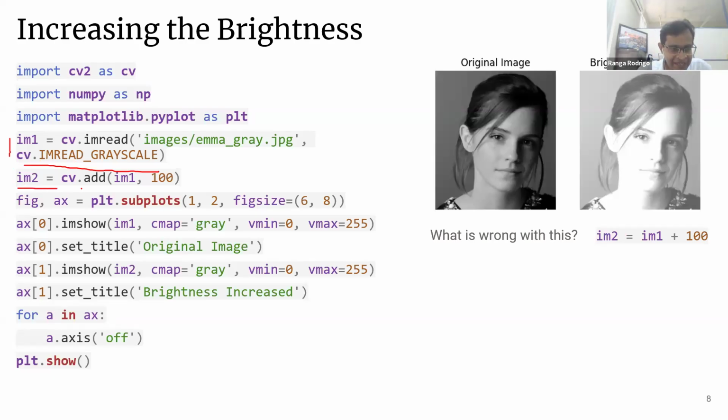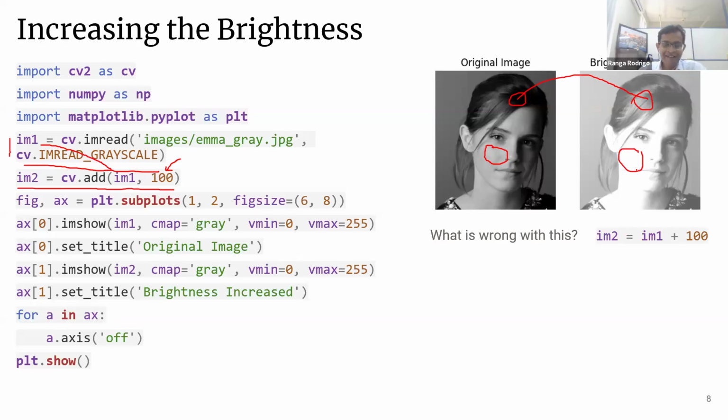Then I used this cv.add function, and as a first parameter I gave im1, as a second parameter I gave 100. So it took each pixel, all the pixels, and added 100. You can see the brightness has increased throughout the whole image. Also, one thing that you do notice is the brightest parts of her face have become fully white. You cannot go beyond that whiteness.